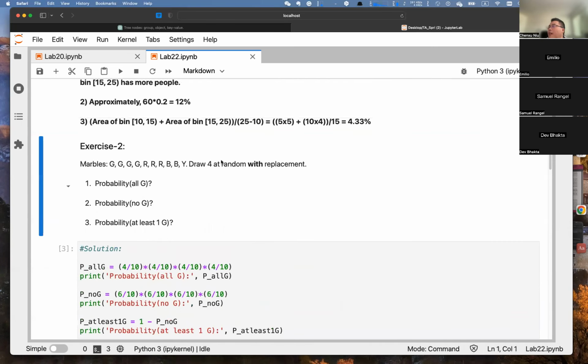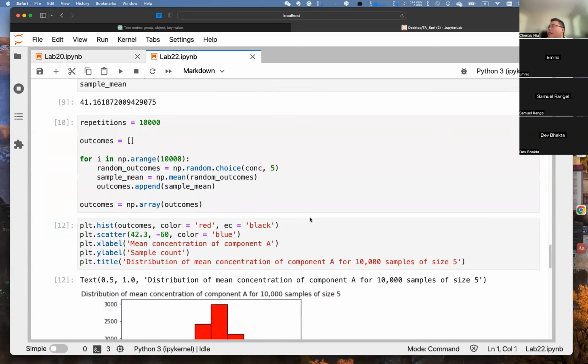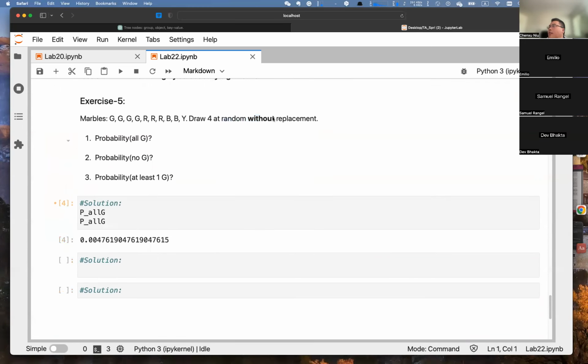Here it's a random draw with replacement, but this one is without replacement, okay? So it's different, right? Because if you have drawn one G, then the total number of G's and marbles has changed. So the probability at each round is different.